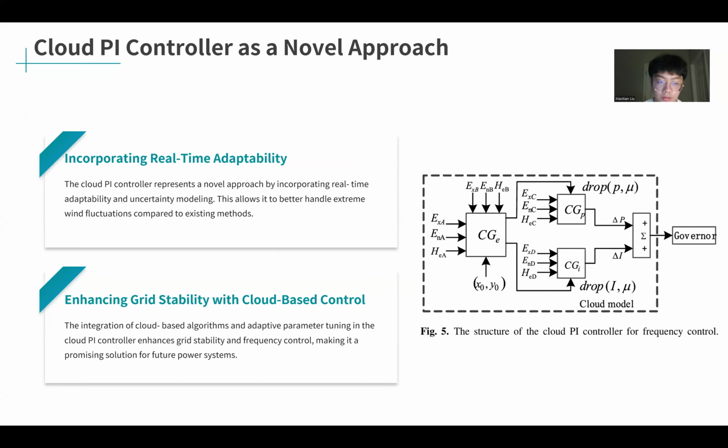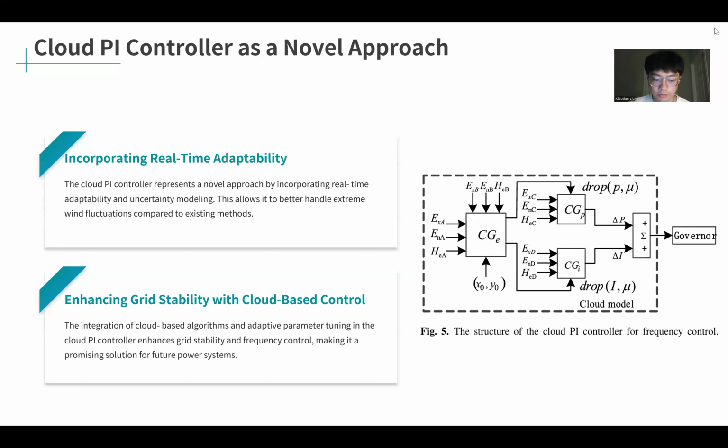Also, it enhances grid stability with cloud-based control. The integration of cloud-based algorithms and adaptive parameter tuning in the cloud PI controller enhances grid stability and frequency control, making it a promising solution for future power systems.